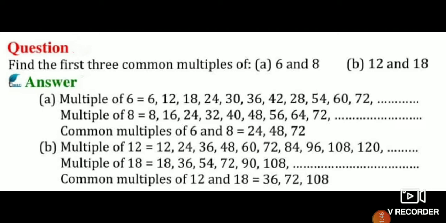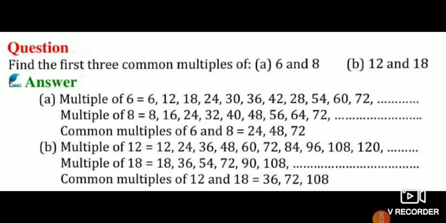So write 24. Next 6 fives are 30, 6 sixes are 36, 6 sevens are 42, 6 eights are 48, 6 nines are 54, 6 tens are 60. 60 is a multiple of 6.